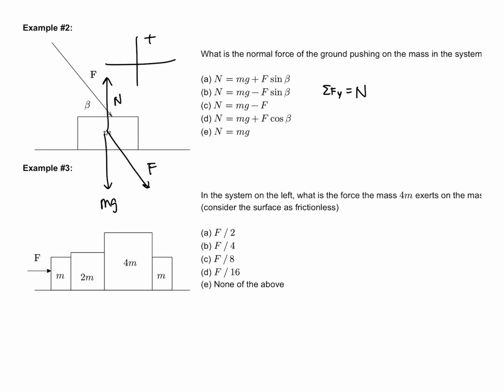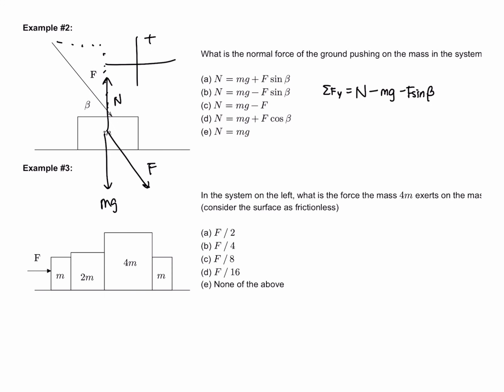So in this case, we have n minus mg, obviously, and then we have the y component of the force vector F. So that would be F sine beta, just from this triangle that we can draw here, right?